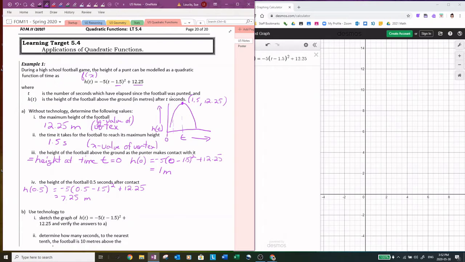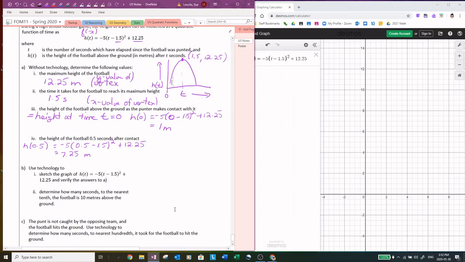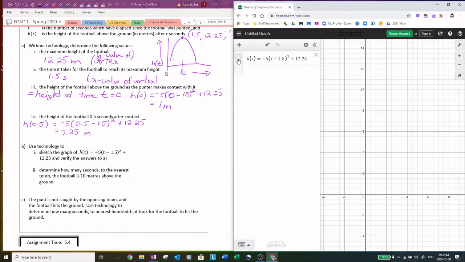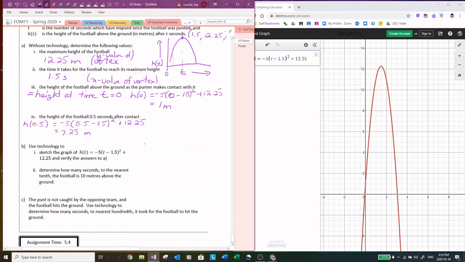Okay, next step says use technology to graph this equation and verify the answers to A. So let's pop over to Desmos. I've already written it up. Let's verify this. And I do want you to sketch this one out because I want you to have a sketch of what we did for the next question that we're going to do.